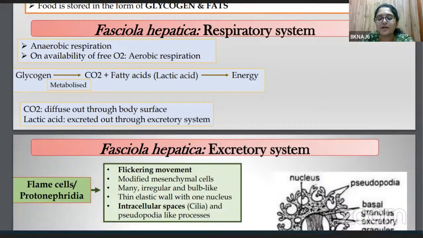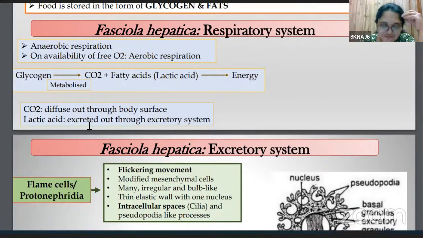End product of aerobic respiration. Okay. Anyway, carbon dioxide and water and energy. That is what you get.